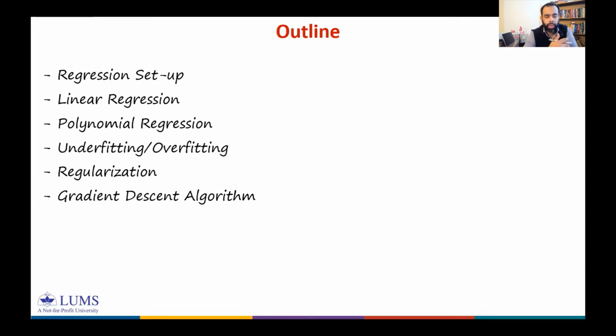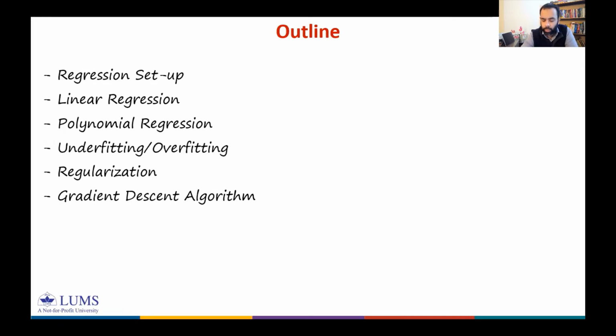And then from linear regression, we will move towards polynomial regression. I will also briefly talk about the concept of underfitting and overfitting. And then we will talk about regularization to avoid overfitting. And finally, we will conclude with the gradient descent algorithm.